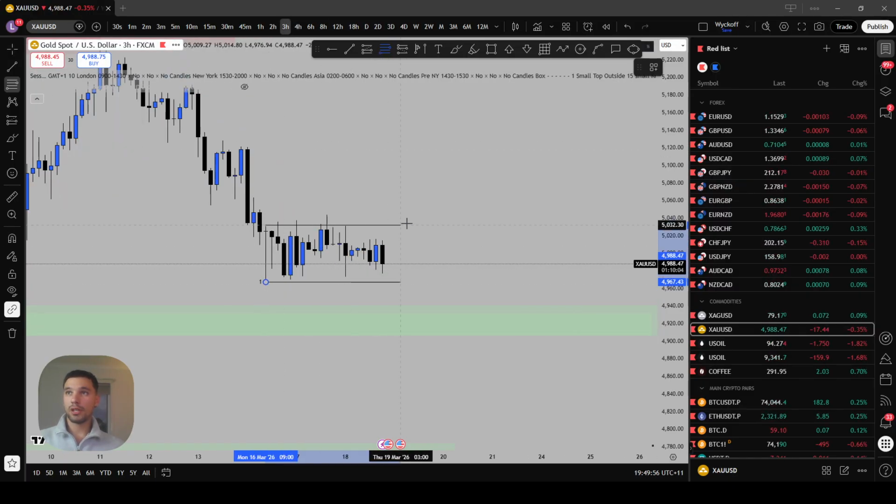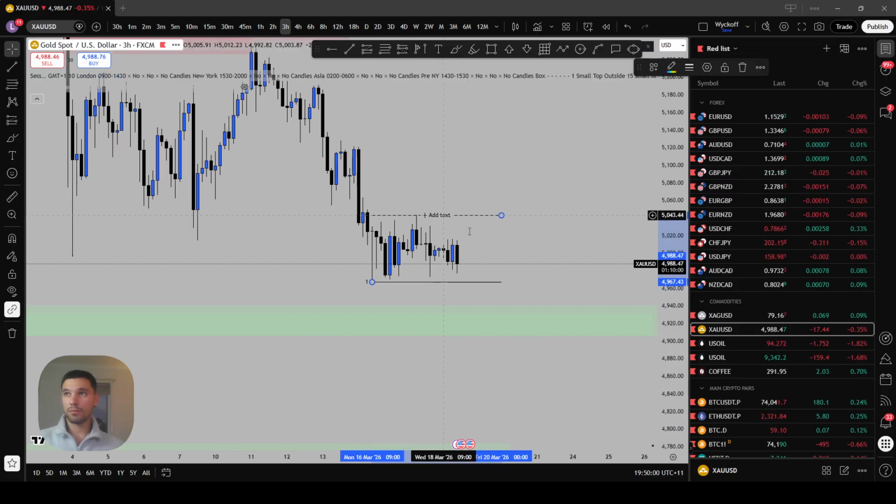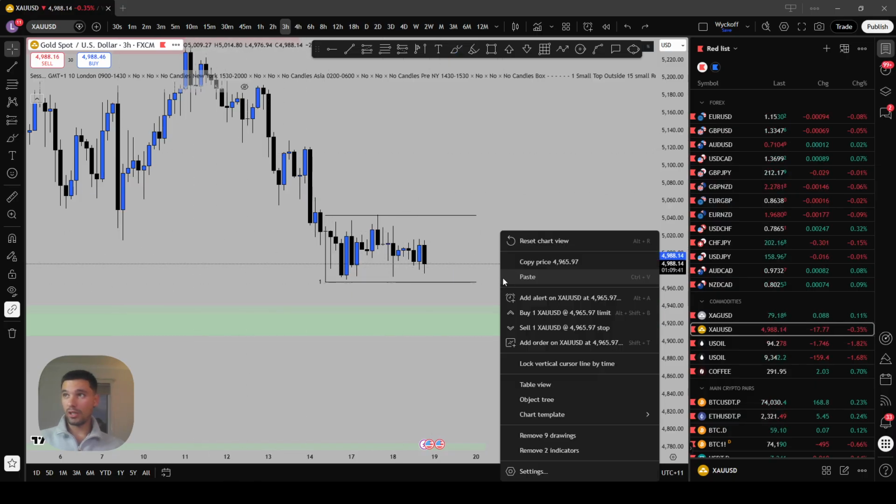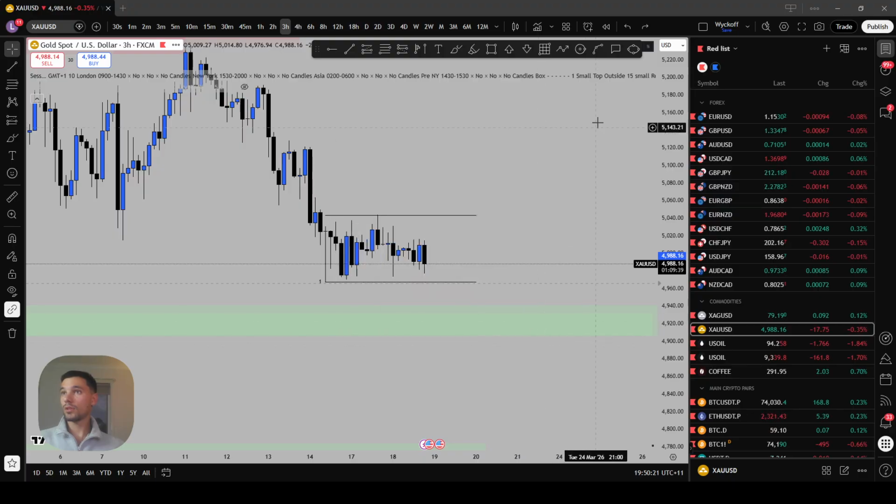We have our range low here, we have our range high. So maybe we could get something like this, a little wick, nice return to zone, and then a push up into our range high, very possible. But as of now, I'm just watching price action in this rangy environment. I will put my alerts.